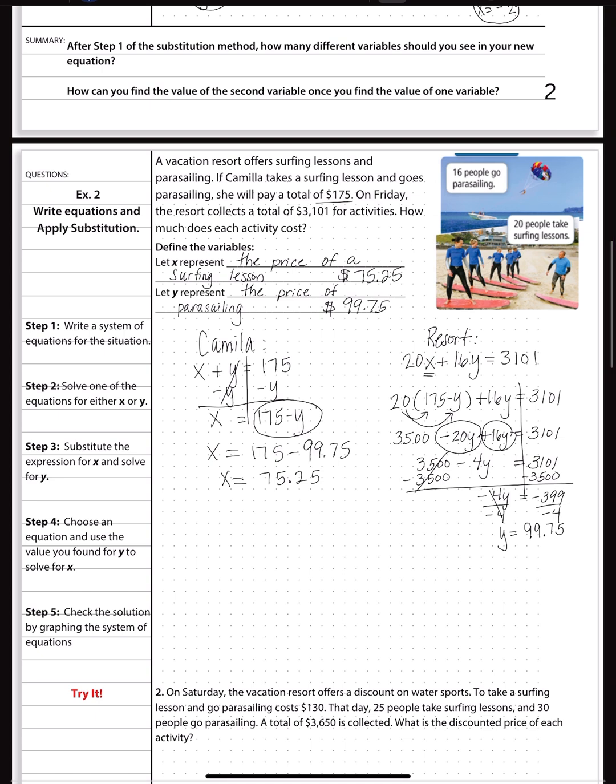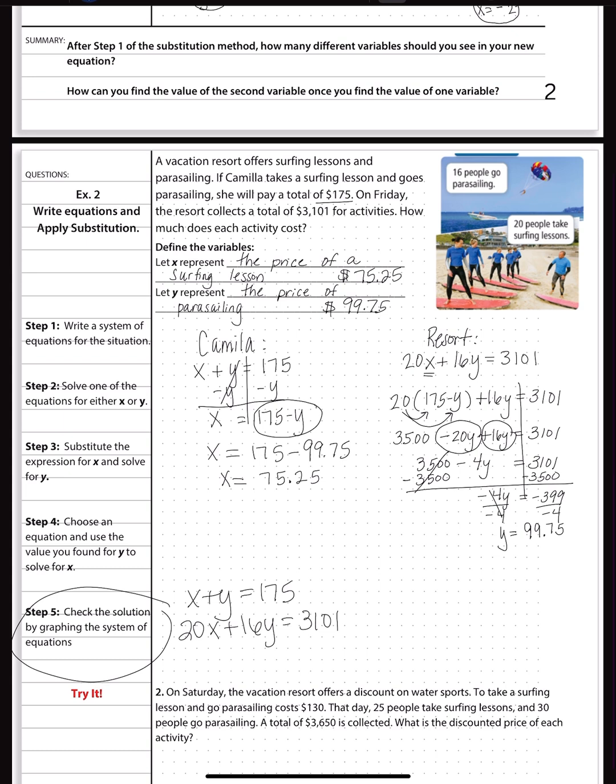The next part is to check the solution by graphing the system of equations. For this, you can use the Desmos graphing calculator. You are going to enter the original equation of x plus y is equal to 175, and then enter the second original equation of 20x plus 16y is equal to 3,101.